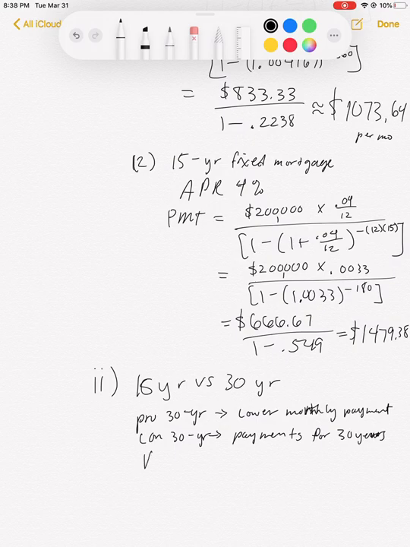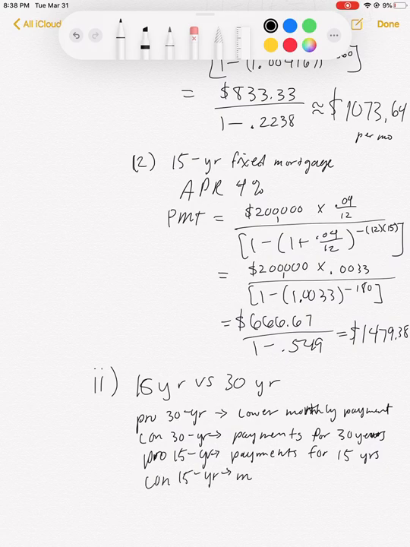There's pros to the 15-year as well, and that also has to do with the payments. The pro for the 15 years is that you have payments for just 15 years. And then the con for the 15-year loan is that the monthly payments are higher. In our calculations, we have $1,000 versus $1,400. Okay, so the monthly payments are higher. Okay, so those are the pros and cons.